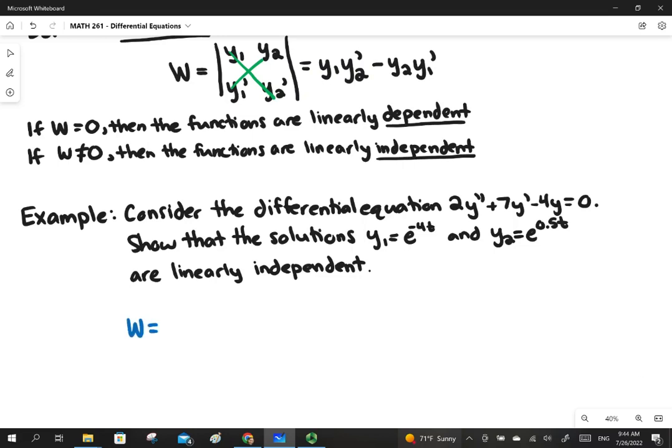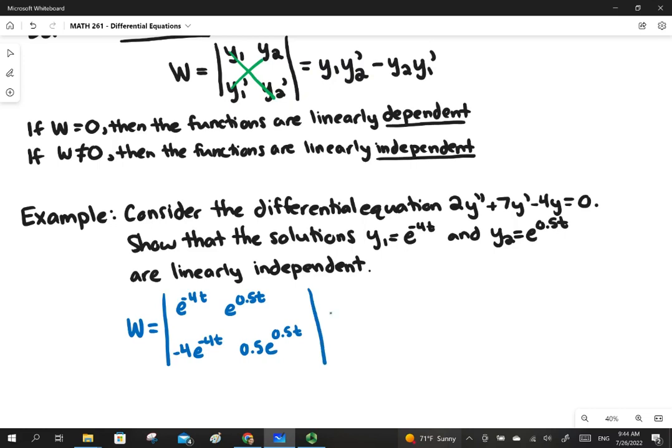So the Wronskian of these two functions is going to be the determinant of the matrix e to the negative 4t, e to the 0.5t, and then the second row is the derivatives. So the derivative of e to the negative 4t is negative 4 e to the negative 4t, and the derivative of e to the 0.5t is 0.5 e to the 0.5t.